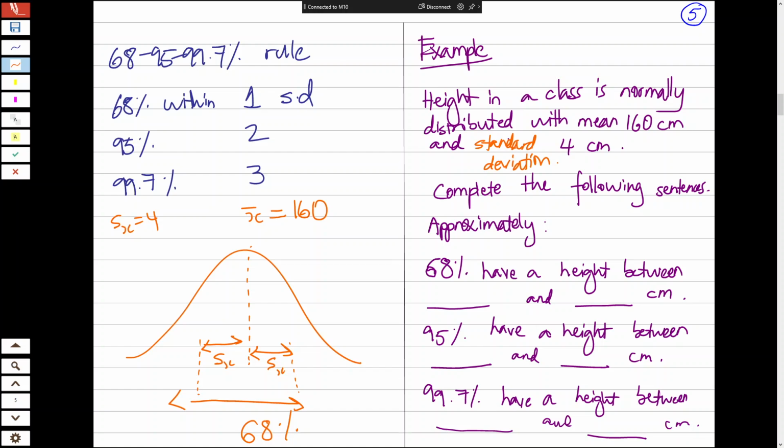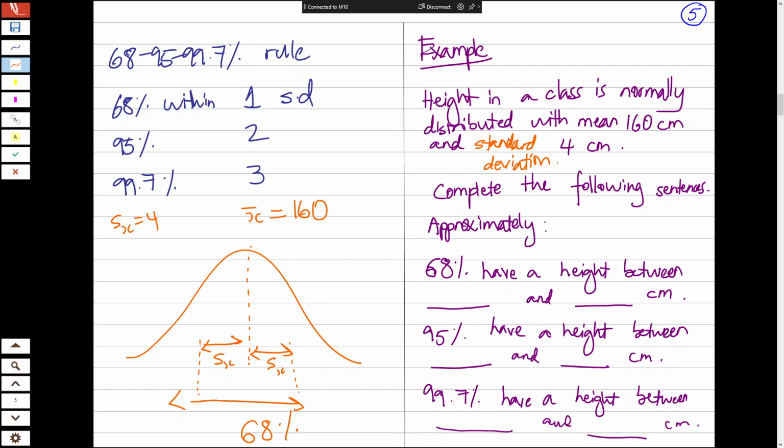Let me draw the graph again, this time with 160 in the middle, and the standard deviation is what? No, the standard deviation is not 68%.